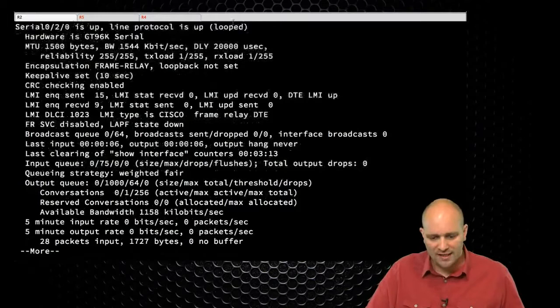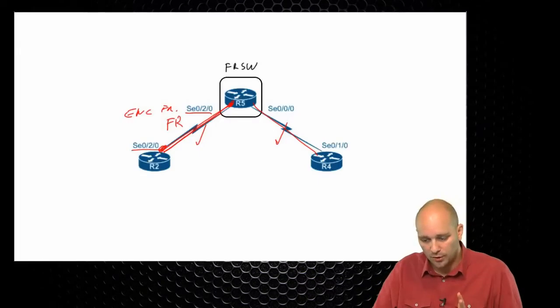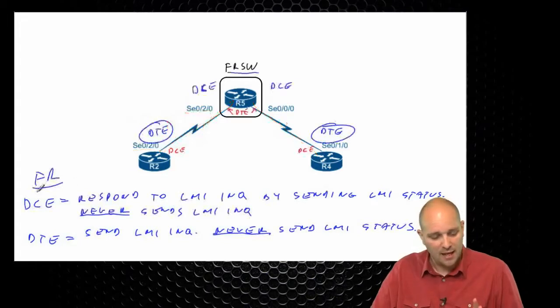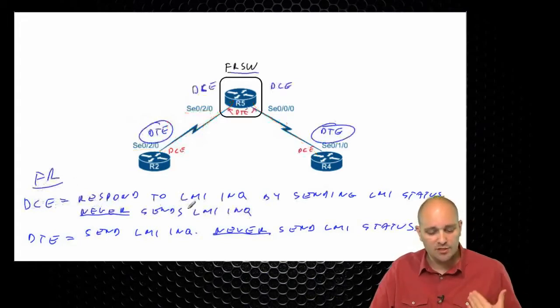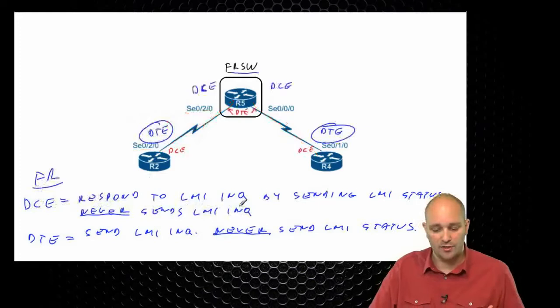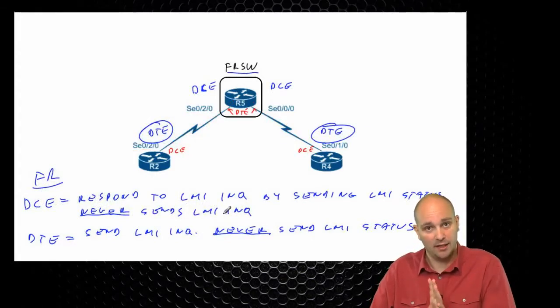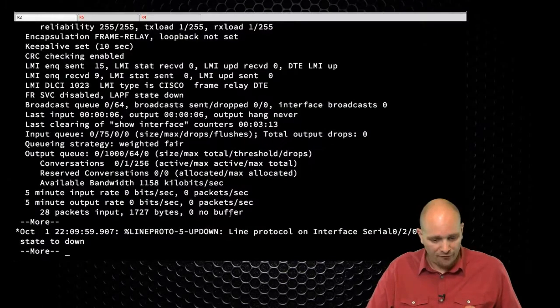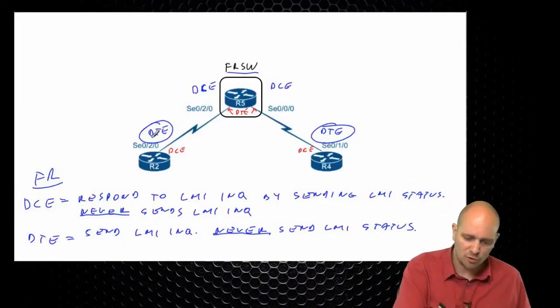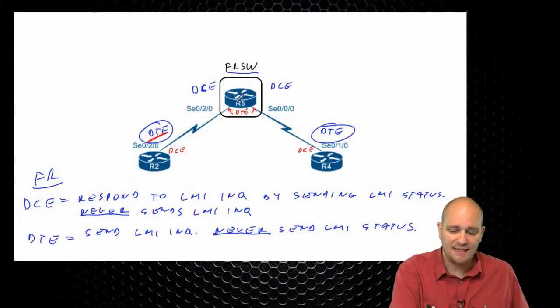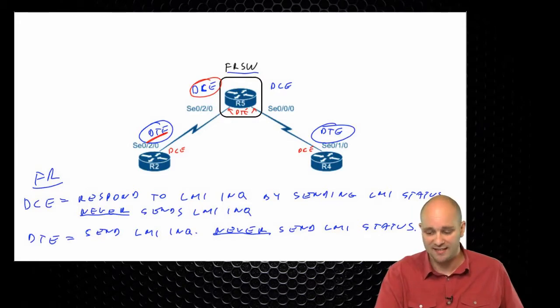Now, what is looped? This is where we have to go back to this rule here. It says that the DCE will respond to LMI inquiries by sending the LMI status, and it will never ever send an LMI inquiry. Now, R2 here, our router R2, is configured to be DTE. It expects that the other side here is configured as the DCE.